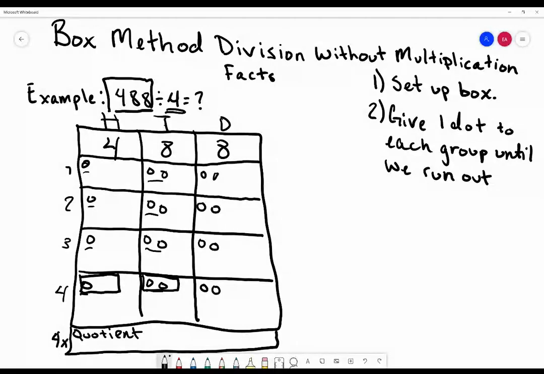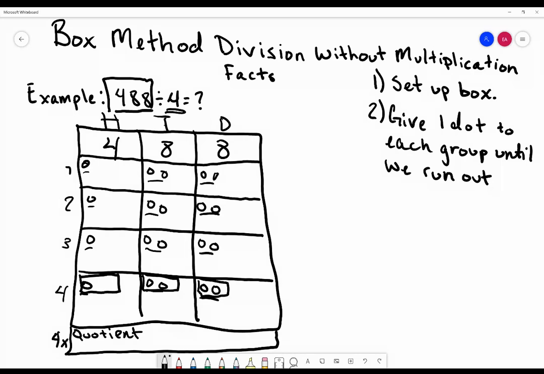And we are out of dots to give away. And we'll notice that each group got the same number of dots, which is 2. So we'll go ahead and box in that bottom group so that we know what number to write when we fill out this bottom section for our quotient.